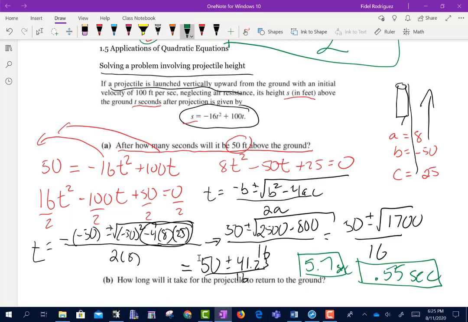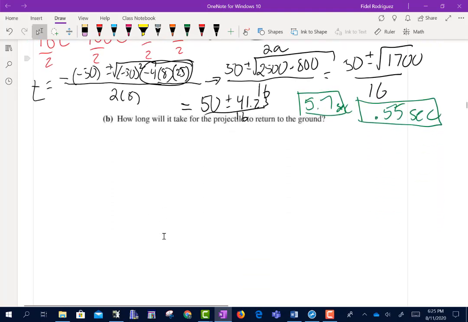Okay, so I want you to think about this. Here is the ground. Say this is 50 feet. This thing shoots up at 0.5 seconds. So half a second, it's already up there. And it goes up and it comes back down. When it hits it the second time, it's at 5.7 seconds.